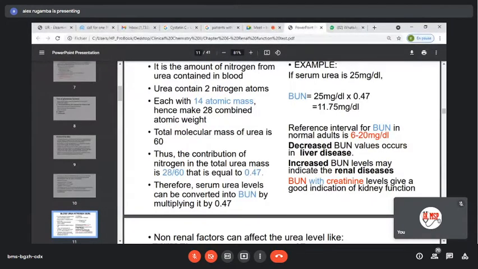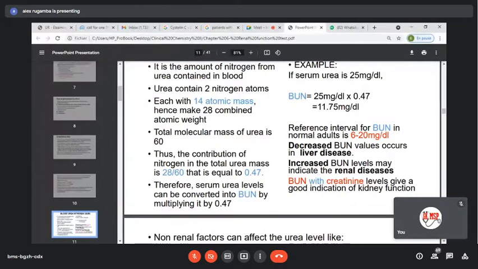But as I said, you cannot confirm renal disease or a renal problem with only one test. If you get results showing that BUN is greater than 20 milligram per deciliter, then you may think there is a problem, but you cannot confirm with that alone. To confirm, you also need to test the creatinine.